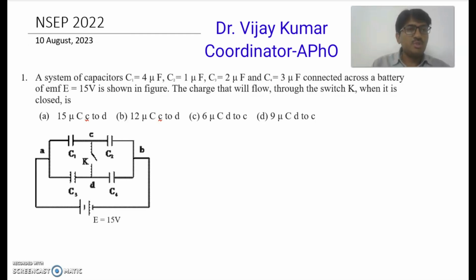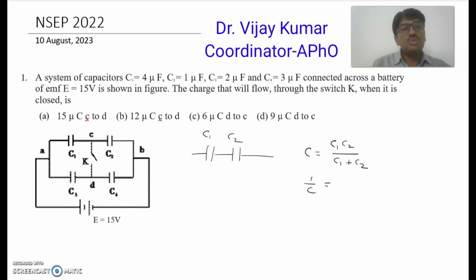Suppose there are two capacitors C1 and C2 in series. Then the total capacity is C1 C2 upon C1 plus C2, or we can say 1 upon C equals 1 upon C1 plus 1 upon C2.